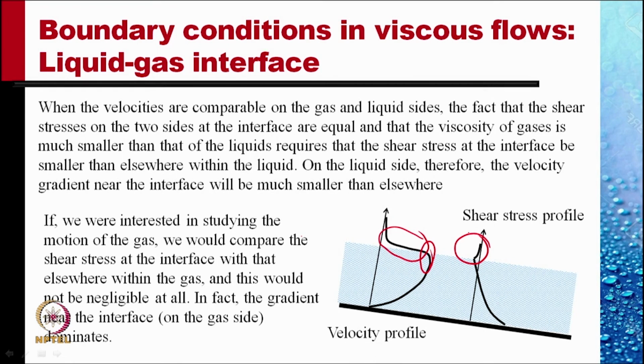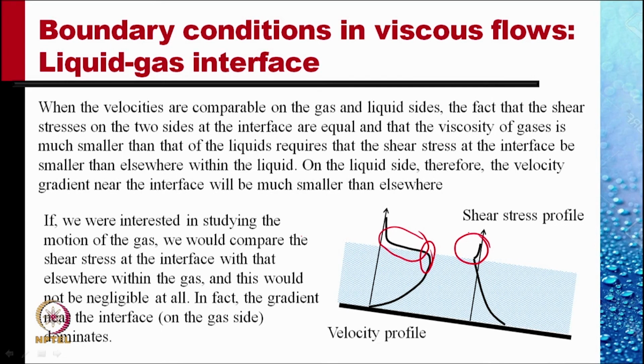If we were interested in studying the motion of the gas, we would compare the shear stress at the interface with that elsewhere within the gas, and this would not be negligible. So while studying the liquid phase, we can assume the shear stresses to be 0 at the interface.